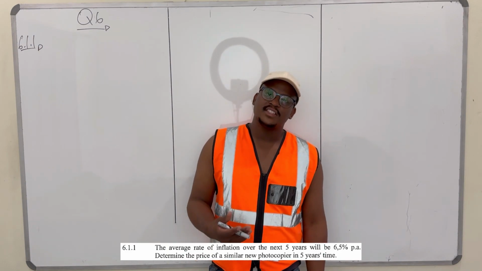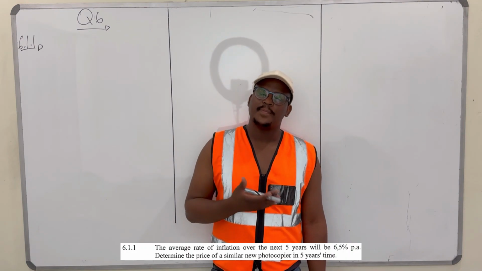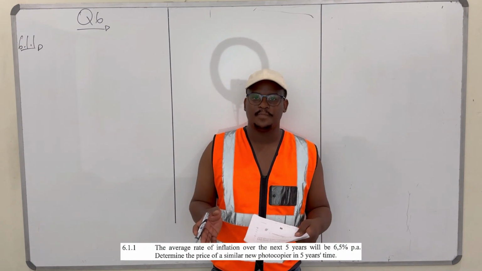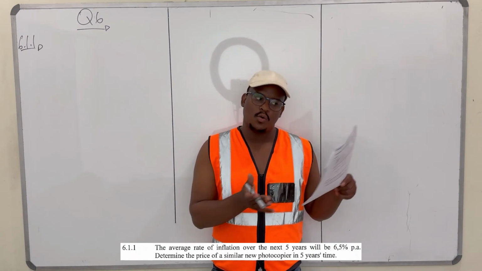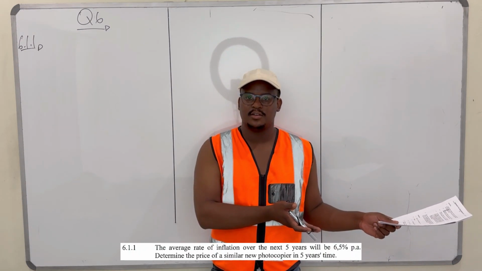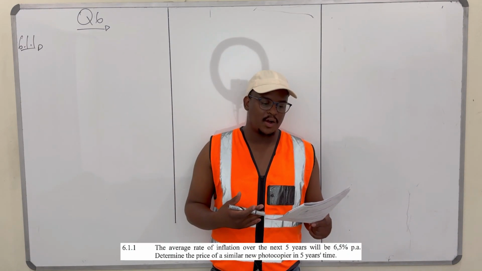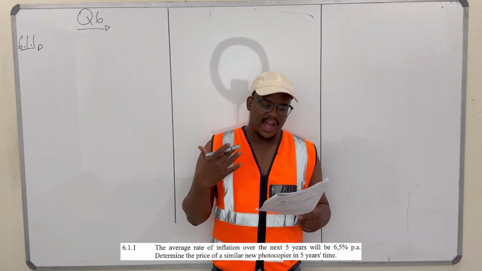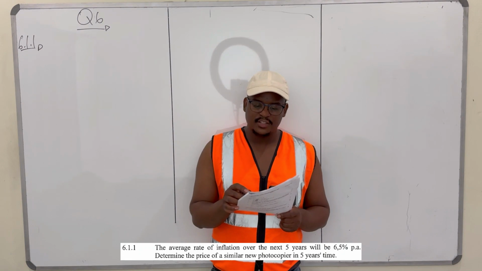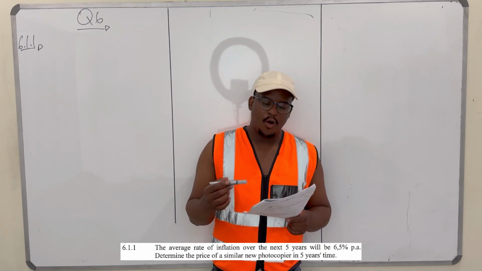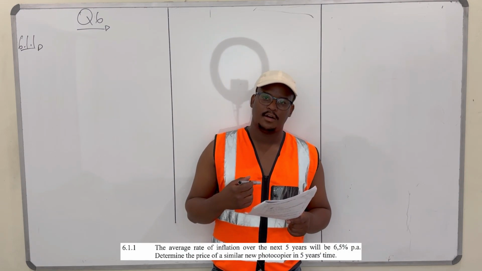Because they will be buying a similar machine, they will be replacing the old photocopier with a new one in a similar category. We are told the average inflation over the next 5 years is 6.5% per annum, and we want to find the value of the new photocopier.